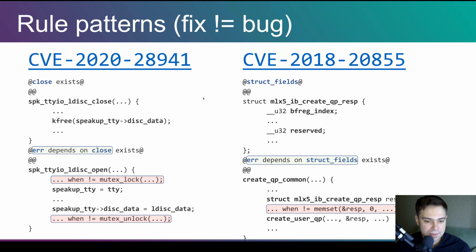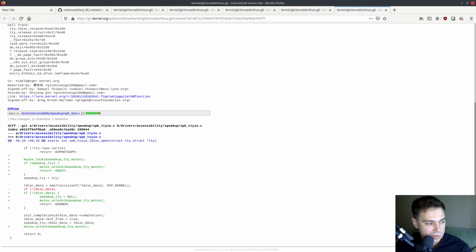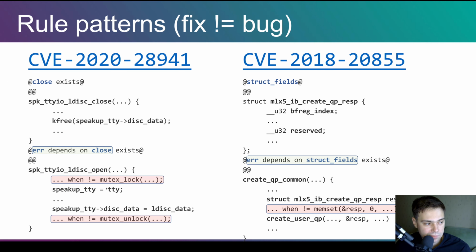So in the general case, the fix doesn't contain full information. Like for this function, raise access for a global variable, the patch just adds mutex lock and mutex unlock to one of the functions, but the error is in the combination between these two functions, and to reliably detect a missing fix, I need to describe both of the functions.